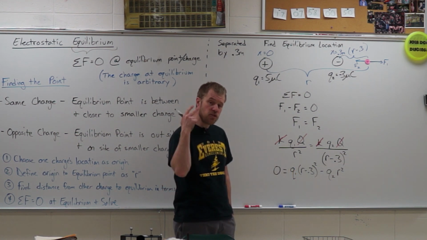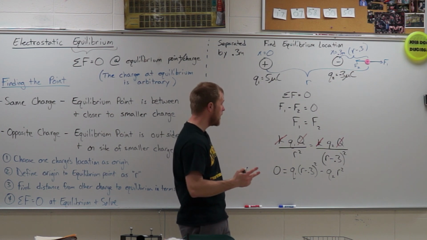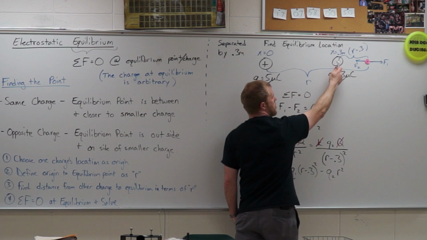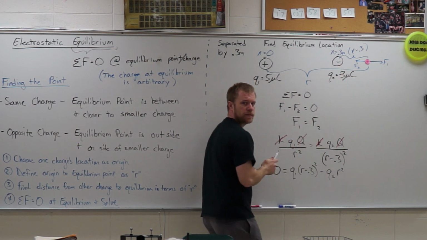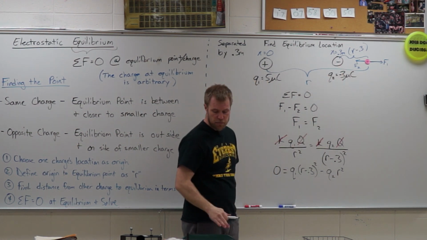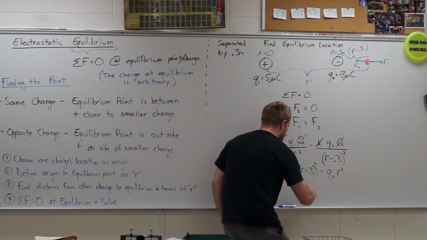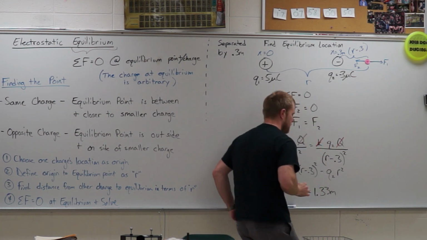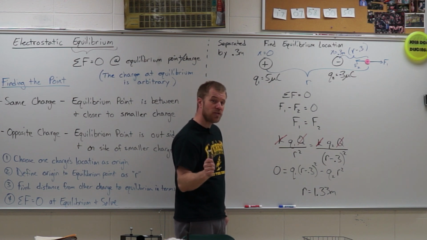Now remember, there's two solutions. Okay? You want the solution for r that is greater than 0.3. Okay? So when you do this, plug it in your calculator, you are going to get an r value of 1.33 meters.